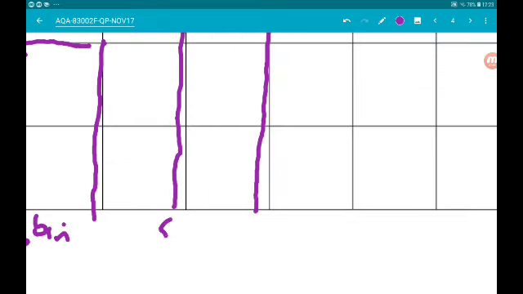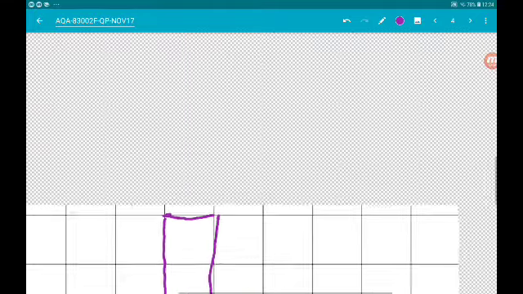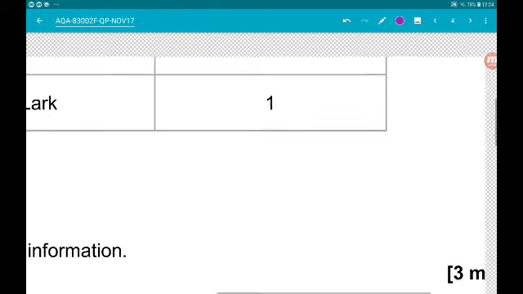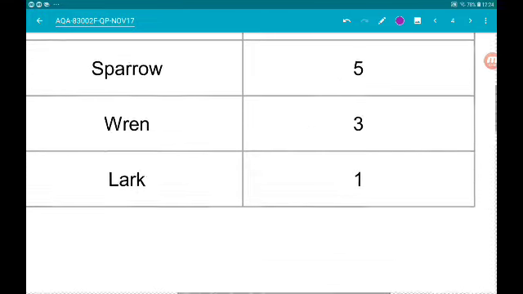So that's our sparrows. Next, there were 3 wrens.